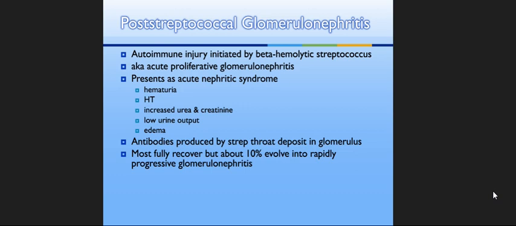Rapidly progressive GN, in fact, is of unknown causes if it's primary, or secondary if it's due, as I have just said, to post-streptococcal glomerulonephritis.